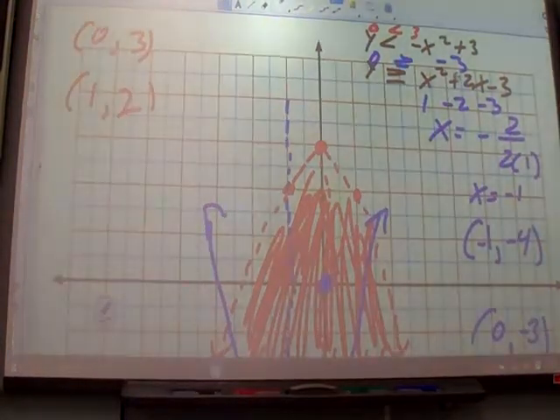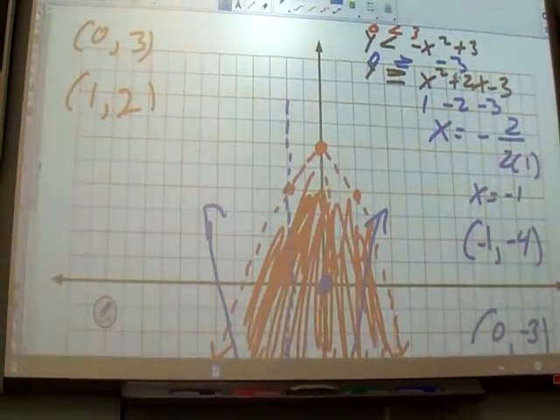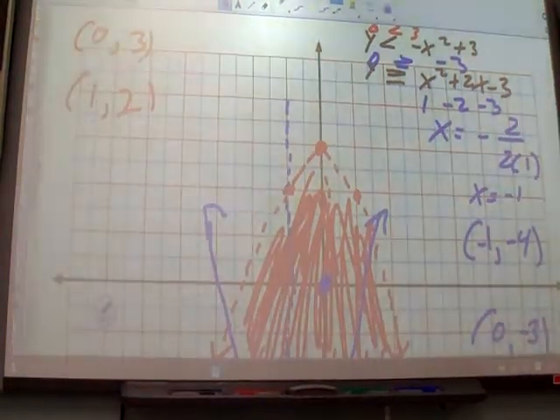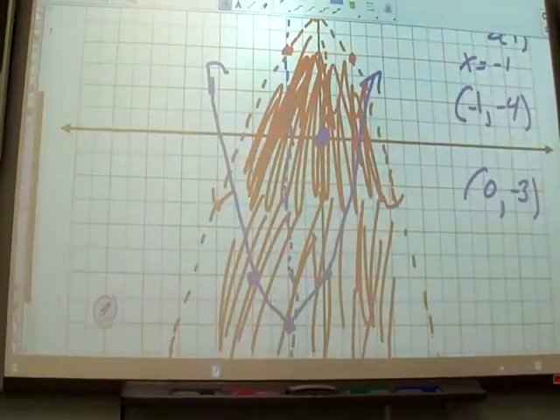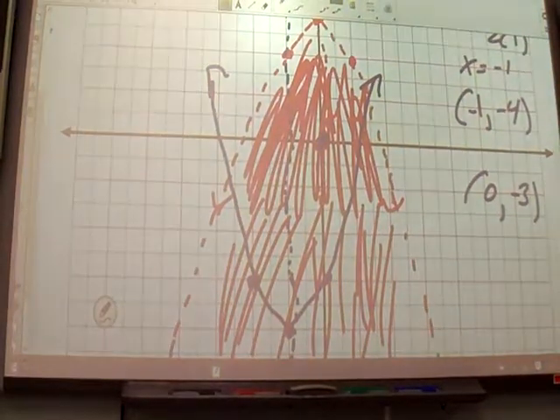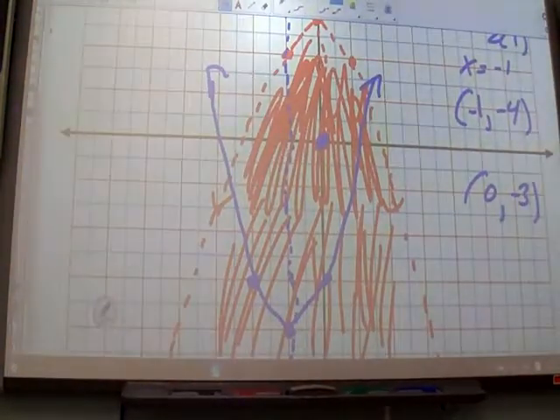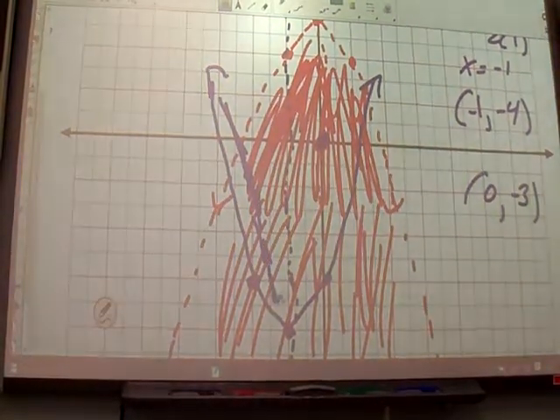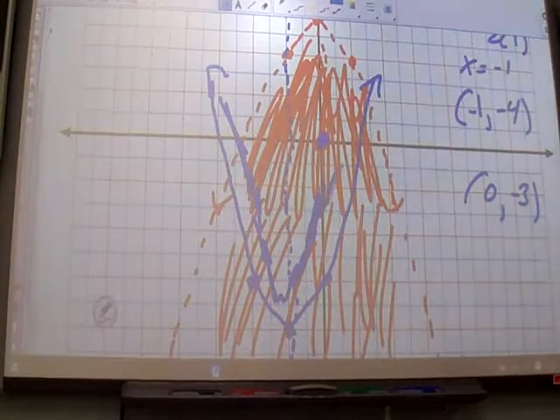Is 0 bigger or equal to negative 3? Yeah, 0 is bigger than a negative, isn't it? So yeah, that's true. So I'm going to shade inside the blue parabola, just inside the blue. So I kind of go around the edges to make sure because it's hard to differentiate.